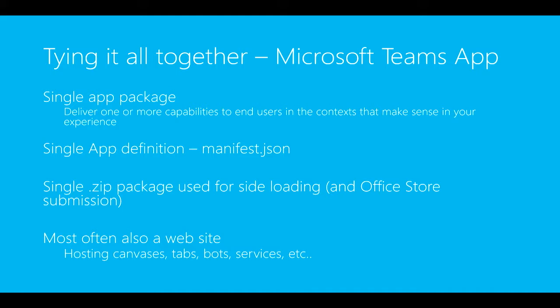It's a JSON file which defines the features you have in your application or your Teams app. So the actual package does not contain any logic, it just points to the different endpoints. For instance, if I have a bot in there, it points to the Microsoft bot directory, and this is the ID of the bot. So it defines the features, and it might contain an icon, but no logic whatsoever in the actual app package.